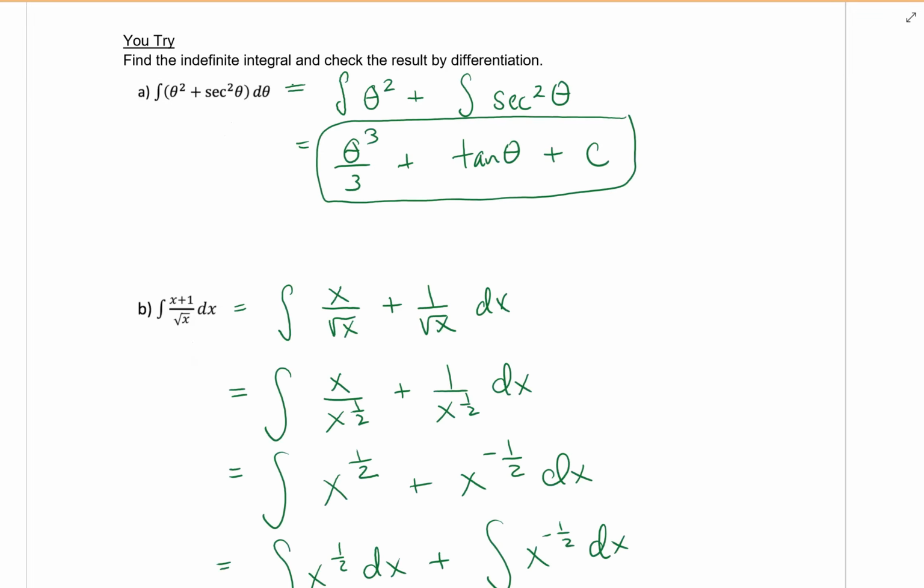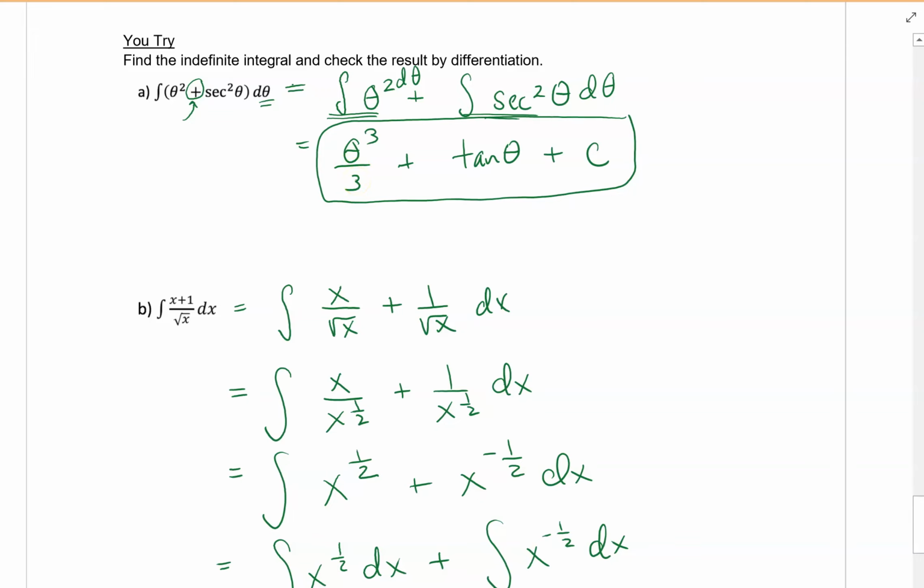All right, for the first one, we can recognize that this is just being separated by addition. So I can split the integral up over addition. And notice the variable also changed. Right now we are taking the antiderivative with respect to theta. So theta is like our x. So this is theta squared. So I would just add 1 to the power and divide by it.